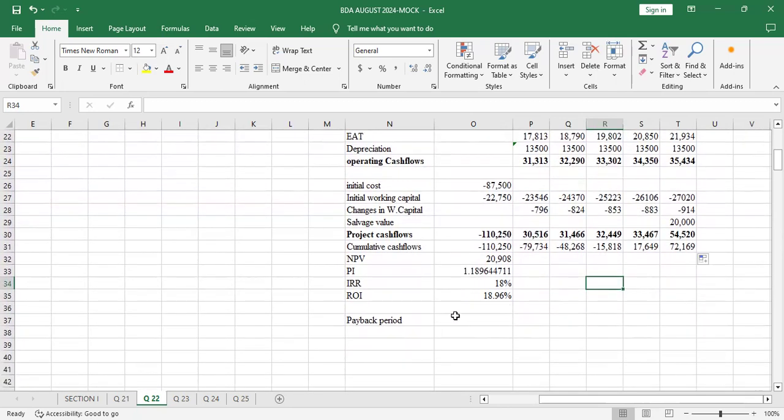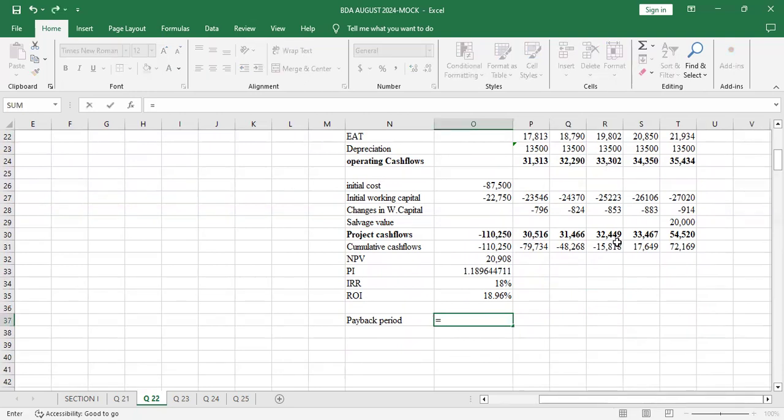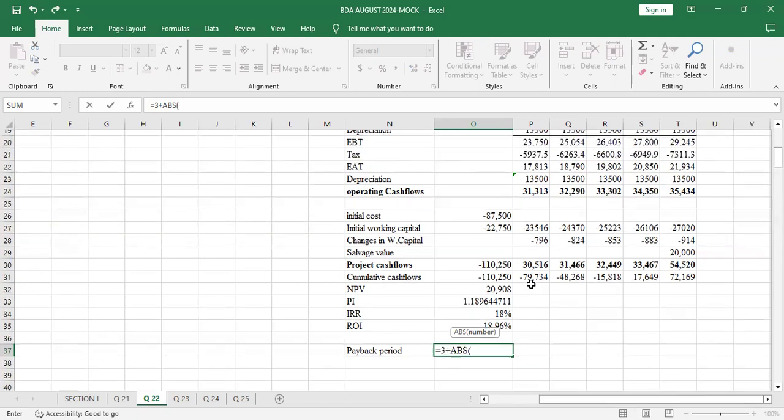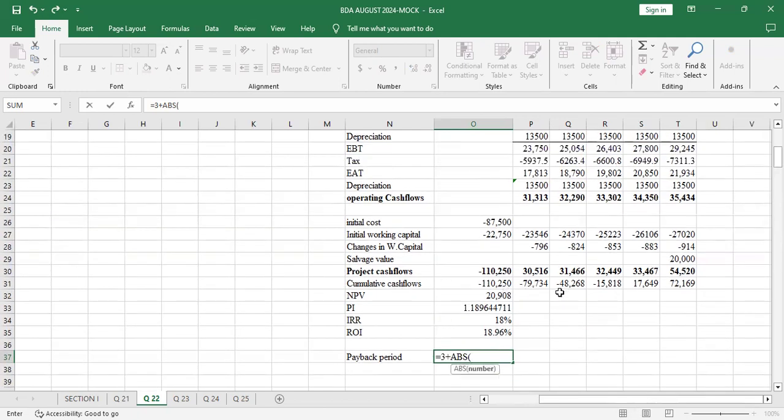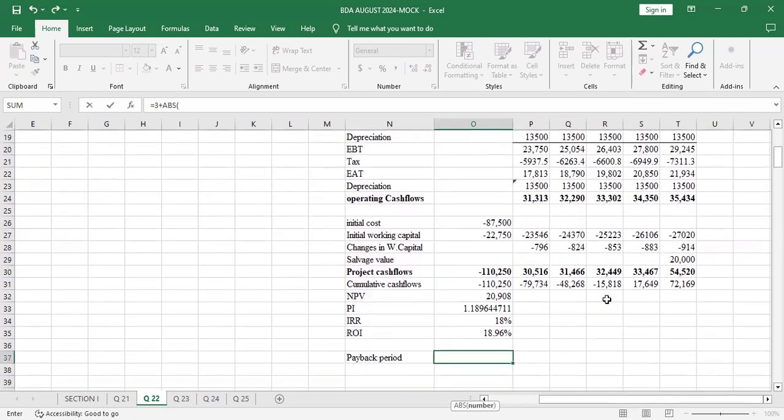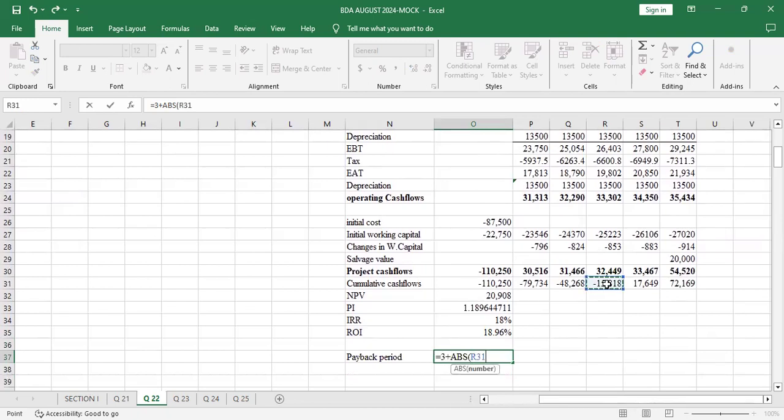So let me do it first through the formula. The formula says equals 3, because it lies between 3 and 4. Then you add the absolute function, and take the cumulative cash flow for year 3, which is negative 15,818.